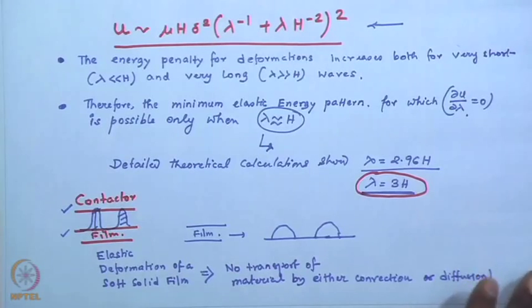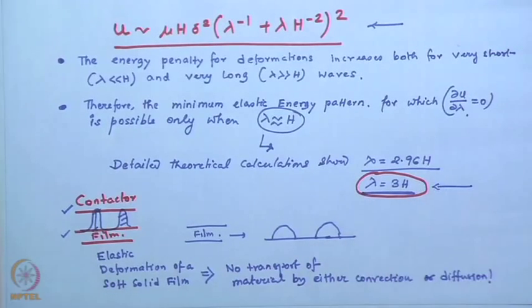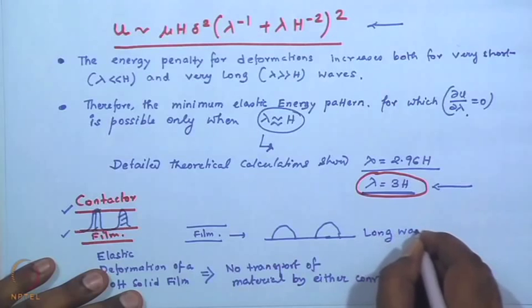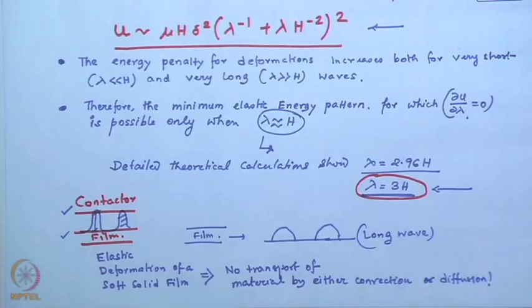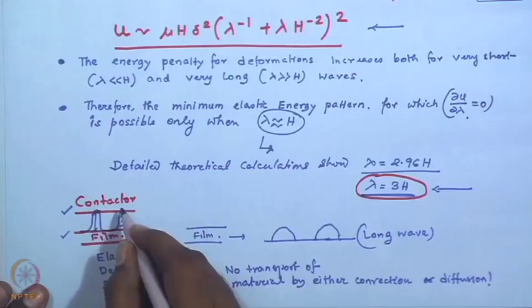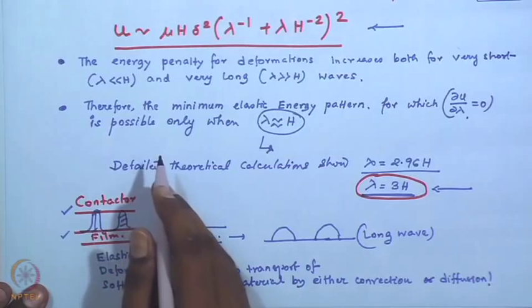The other important thing as far as the scaling: of course, it's a short wave instability as compared to the long wave instability observed in the spontaneous instability of a liquid film. The other interesting thing is what we have seen in the video, the progressive morphological evolution during the bonding and the debonding stage. If you perform the opposite experiment, that is, the contactor comes in complete contact and then you withdraw it again.